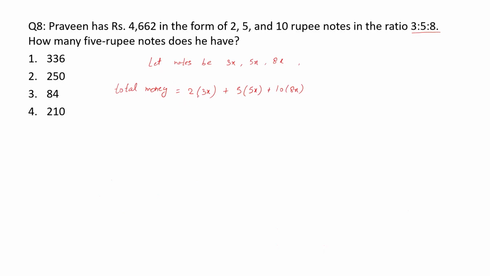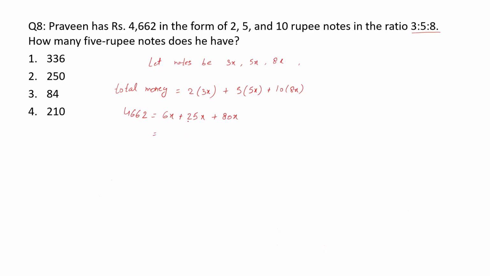So total money is in the form of these many 2 rupee notes, these many 5 rupee notes and these many 10 rupee notes. So 4662 is equal to 2 into 3, which is 6x, plus 25x plus 80x. Okay. Now solve this for x.